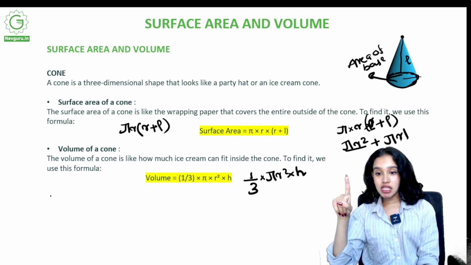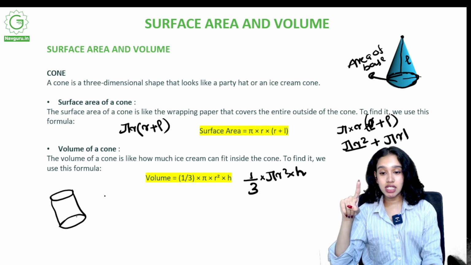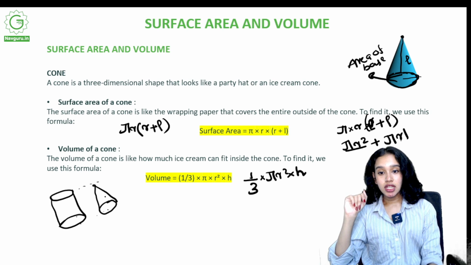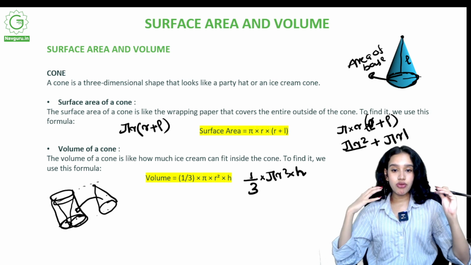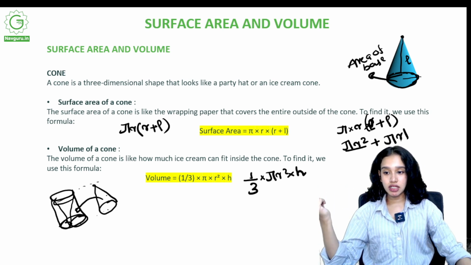That means if a cylinder and a cone have the same base area and the same height, we could fit 3 such cones into the cylinder. That's what is said here. So the volume of the cone is 1/3 of the volume of the cylinder.